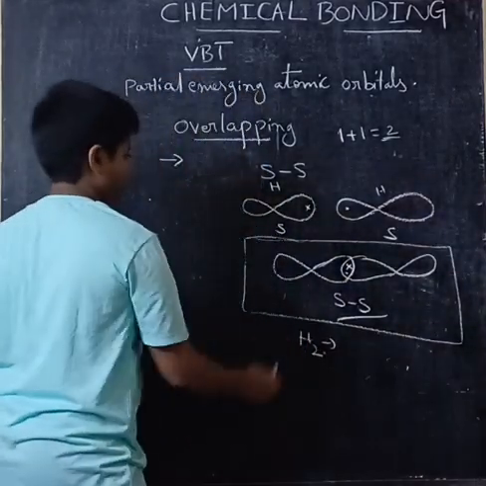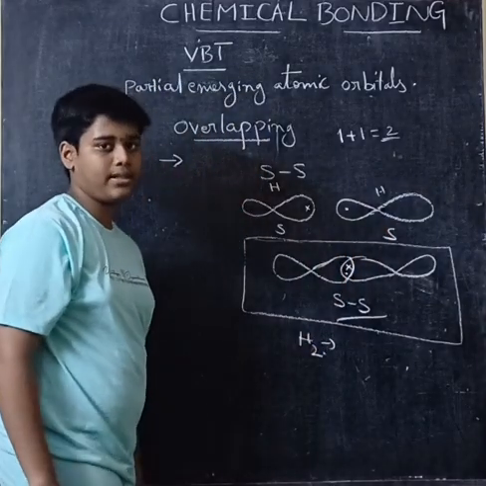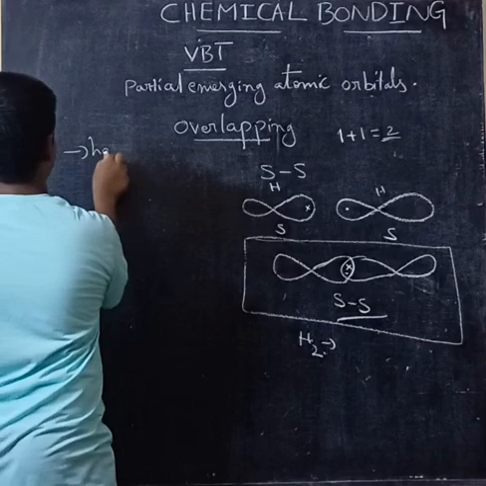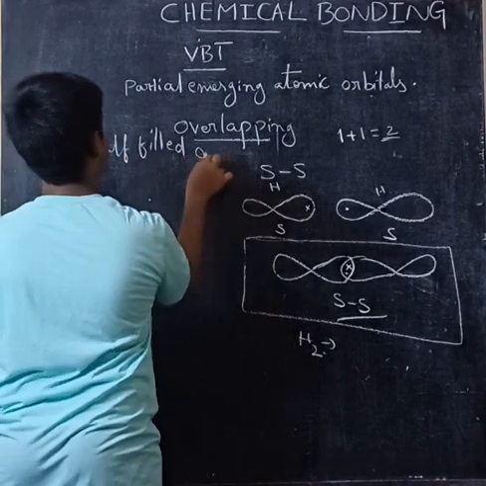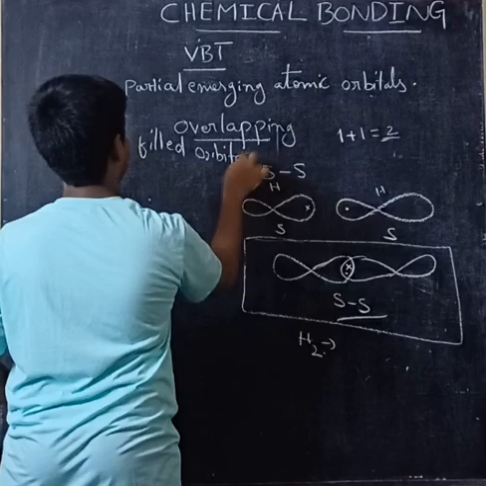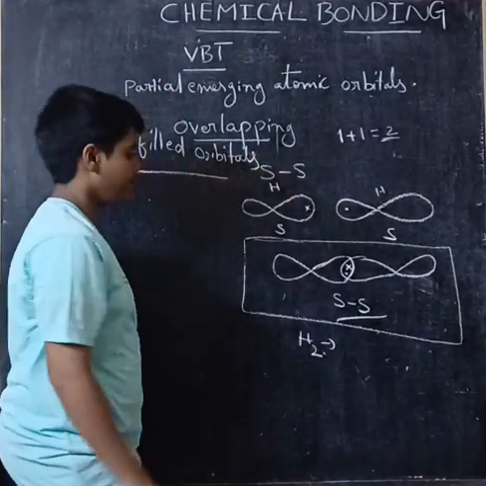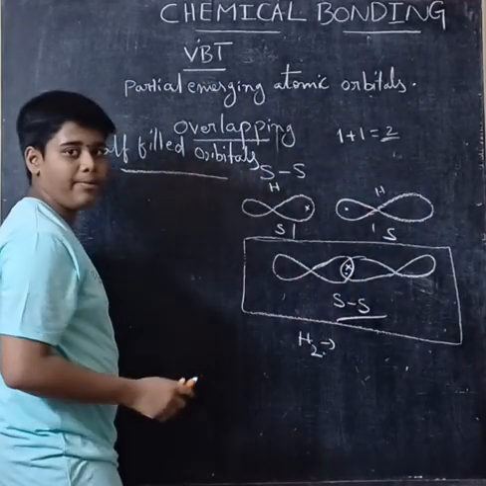For this overlapping, half-filled orbitals will be considered. What is that? Half-filled orbitals are considered, and this is one of the half-filled orbitals, and this is another. How?